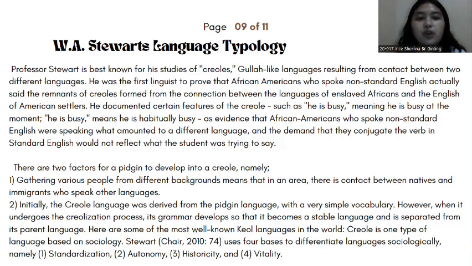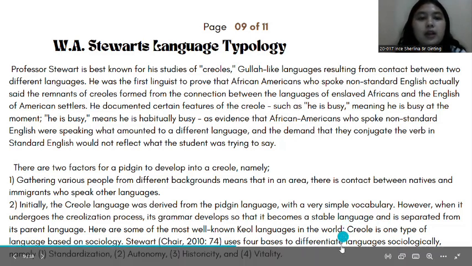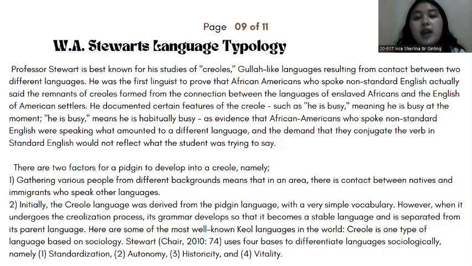There are two factors for a pidgin to develop into a Creole. The first is the gathering of various people from different backgrounds, meaning that in an area there is contact between natives and immigrants who speak other languages.